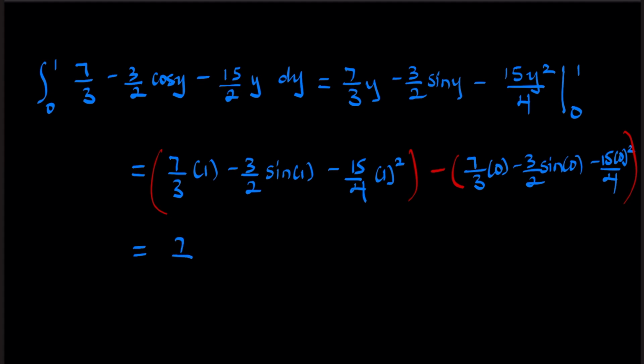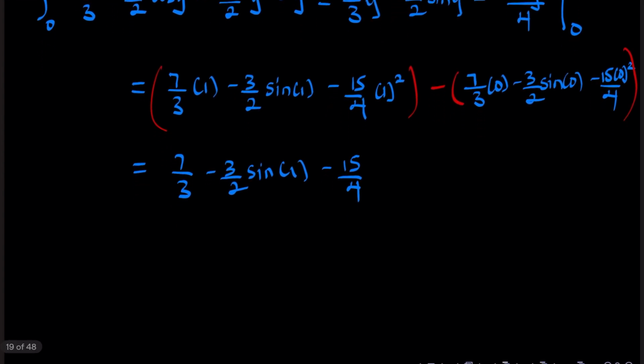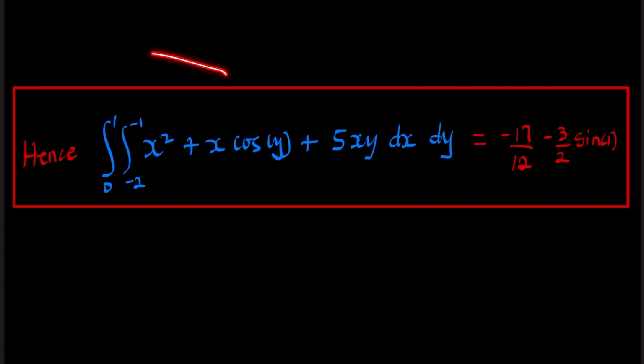Simplifying this gives 7 on 3 minus 3 on 2 sine of 1 minus 15 on 4, and the left hand side will all go to 0. This is going to give us minus 17 on 12 minus 3 over 2 sine of 1. Hence our answer is given below.